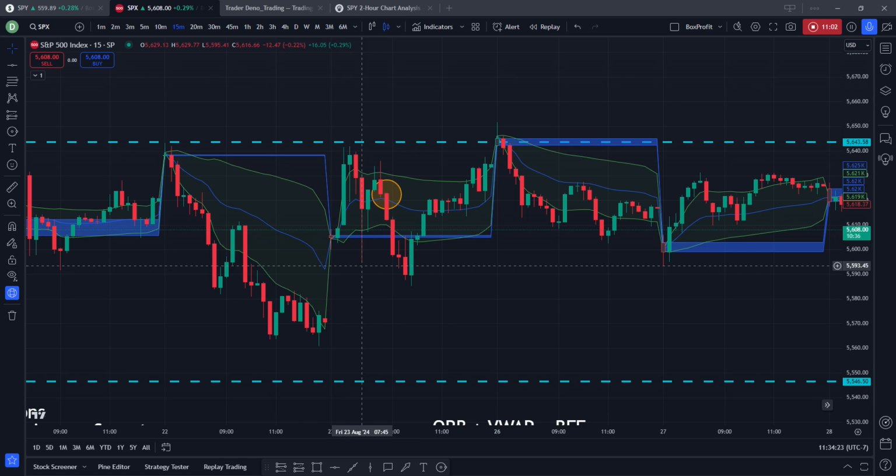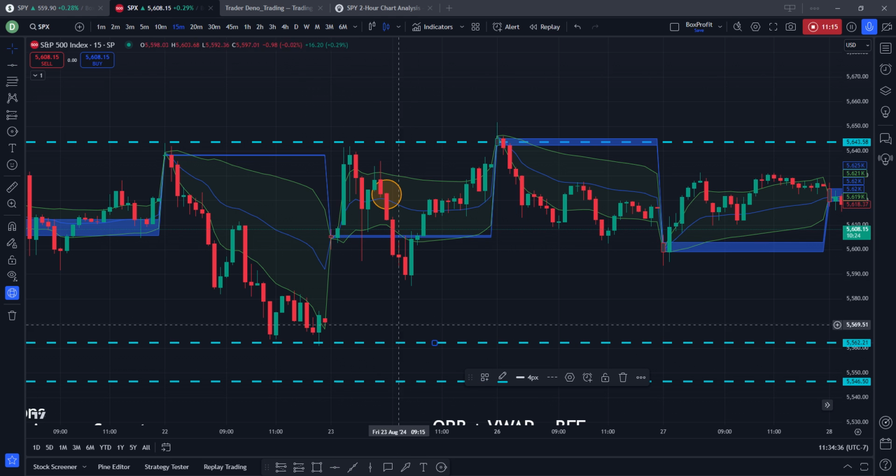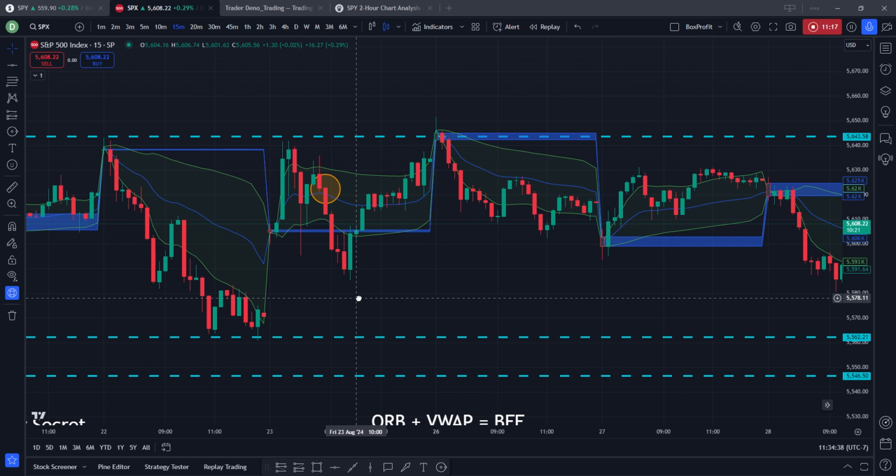Irrespective of where it opens, you open here, you break above, you want to set your target within the previous high. And the other way around, if it opens and closes below, you want to set your target right at the previous low, so that when price reaches that level, you know for sure you have to exit because it's going to bounce.